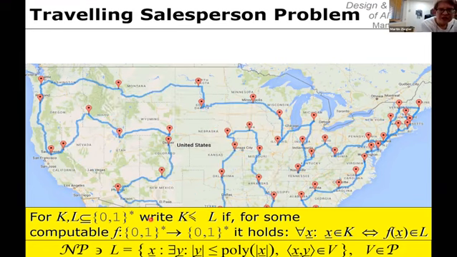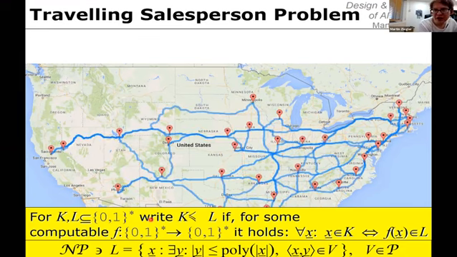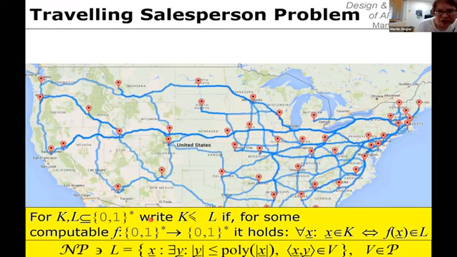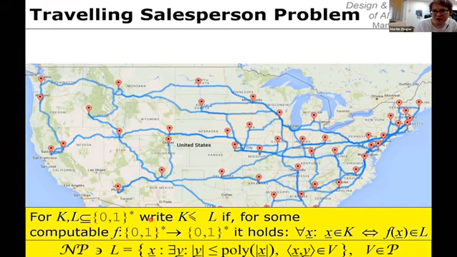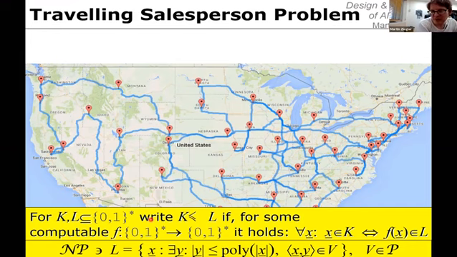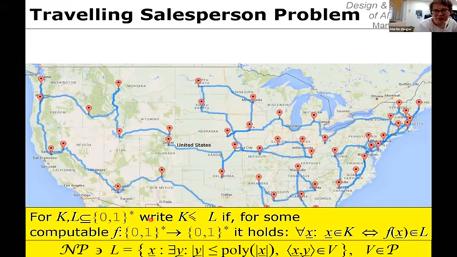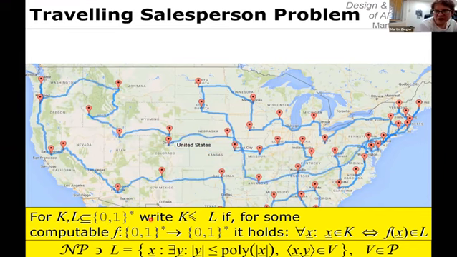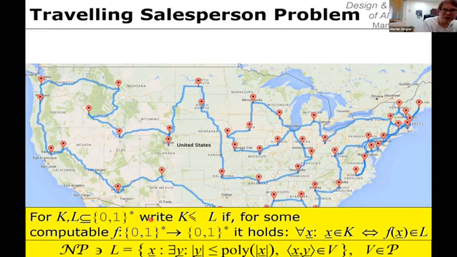Let me say it again. The traveling salesperson problem in a graph theoretic framework is the following. Given an undirected graph, find a tour, a cycle that visits each vertex precisely once. That's basically the same as the Hamiltonian cycle problem, but the additional condition here is that among all tours that satisfy this property, our tour should be smallest, have the least total length.